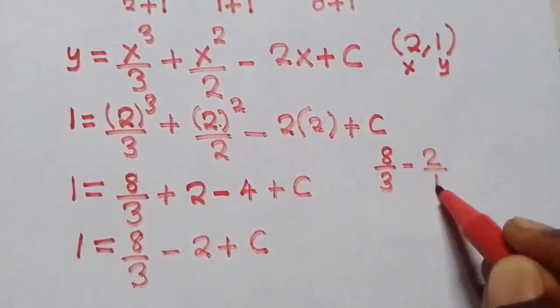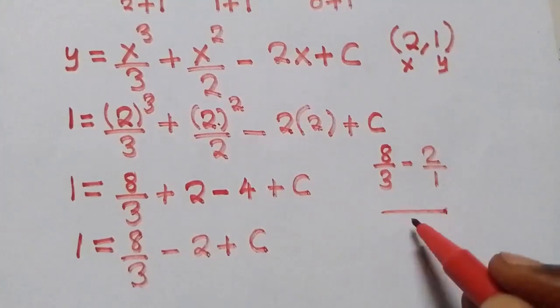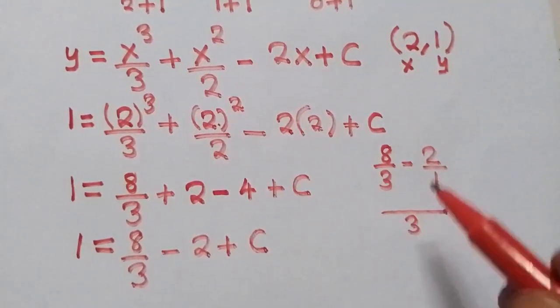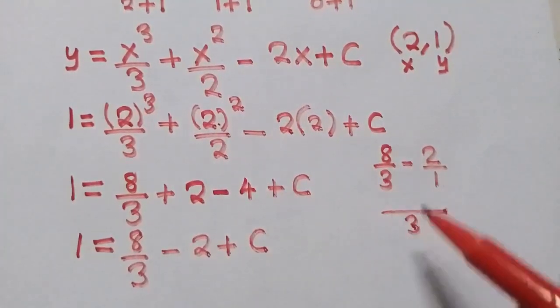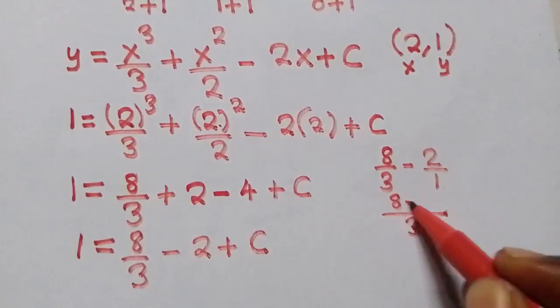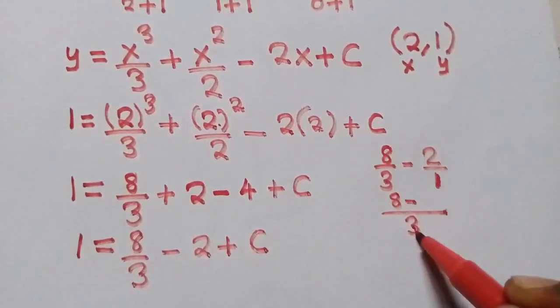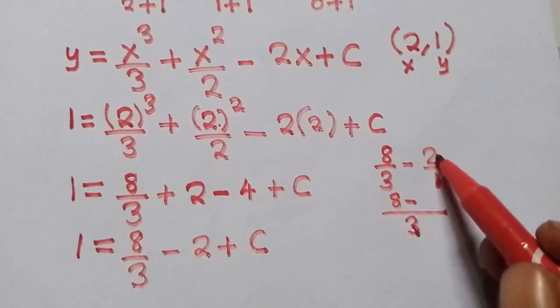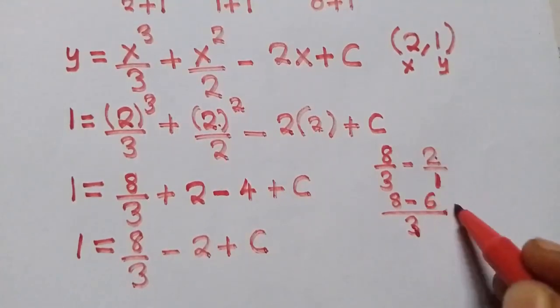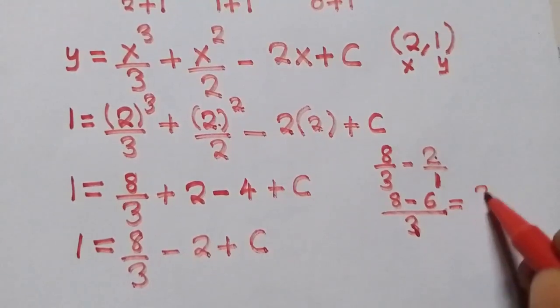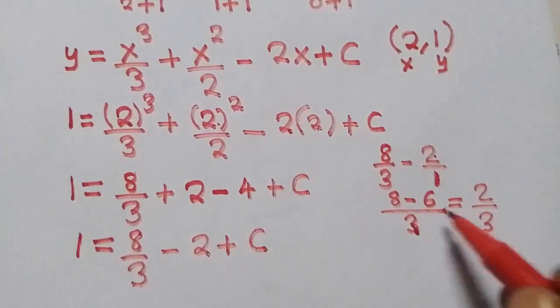So over 1. Then you do this. What is the common denominator there? 3. 3 into 3, 1, times 8, 8. Minus this into that: 3 times 2, 6. So the answer there is 2 over 3, since 8 minus 6 is 2.